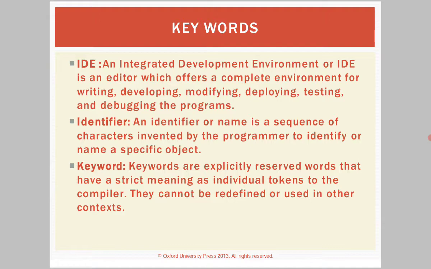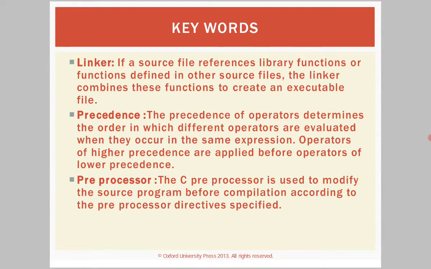A keyword is a reserved word which is explicitly reserved for programming purposes. Linker is another application software, which is used to link the object code to executable code. Preprocessor: the C preprocessor is used to modify the source program before compilation according to the preprocessor directives.